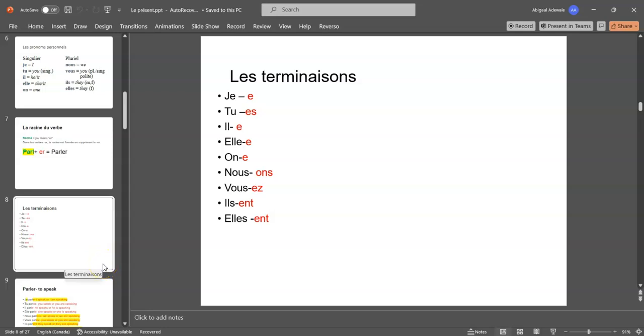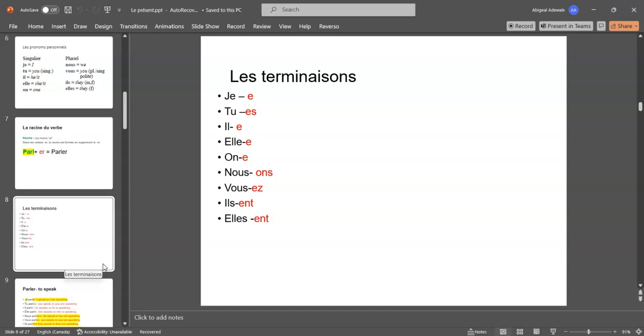Voici les terminaisons. These are les terminaisons. So our terminaison for je is E. Terminaison for tu is ES. Terminaison for il, E. Terminaison for elle is E. Terminaison for on, it's the same thing. When we get to nous, terminaison for nous is ONS. Vous, terminaison for vous is EZ.